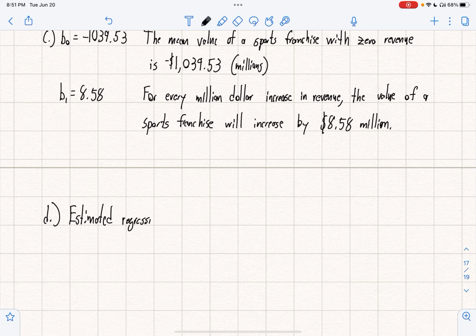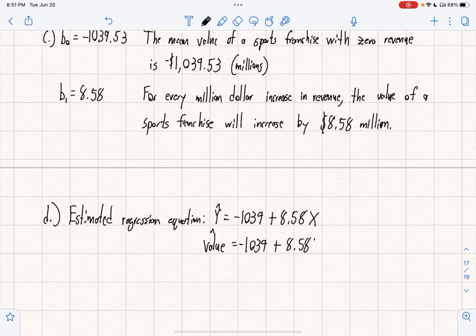Estimated regression equation. So that will be y hat is equal to negative 1039 plus 8.58x, or value hat is equal to negative 1039 plus 8.58x, not x, revenue.